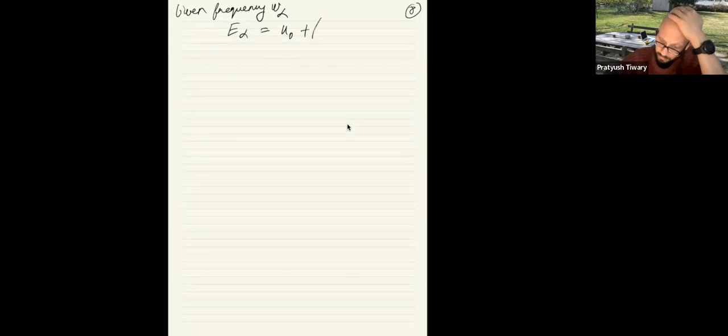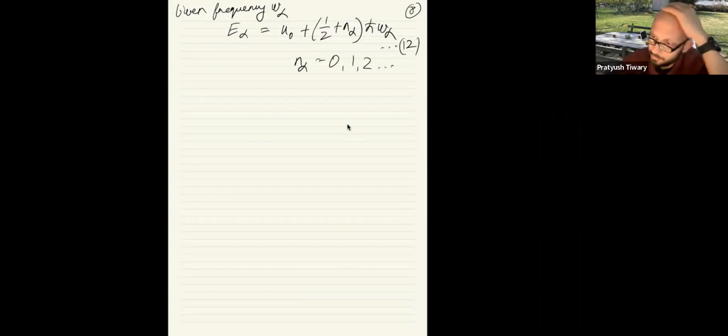So equation number 12 says that given frequency alpha, if you knew that a certain atom was moving with a frequency omega alpha, the energies that it can take are going to be given by E alpha is equal to U naught plus half plus n alpha h cut omega alpha, where n alpha can be 0, 1, 2, something like this. Okay. So what does it mean physically?